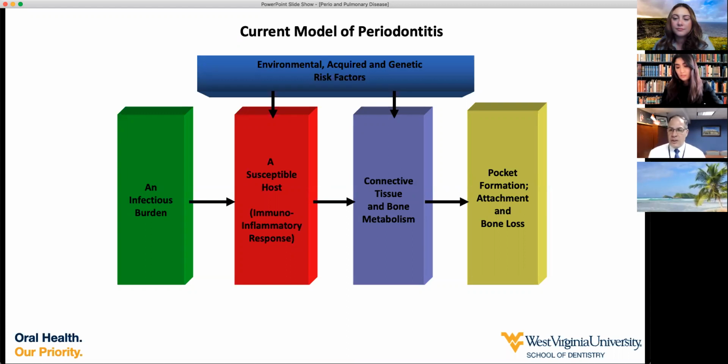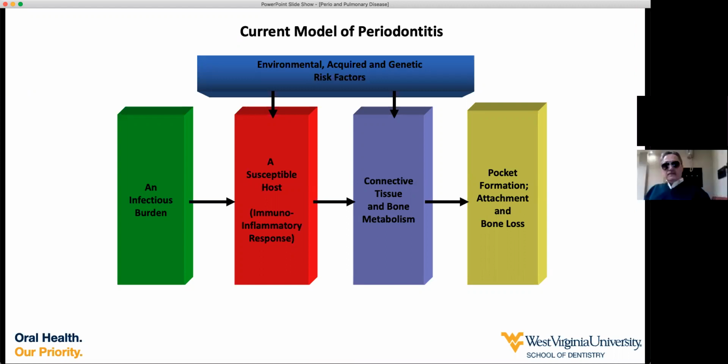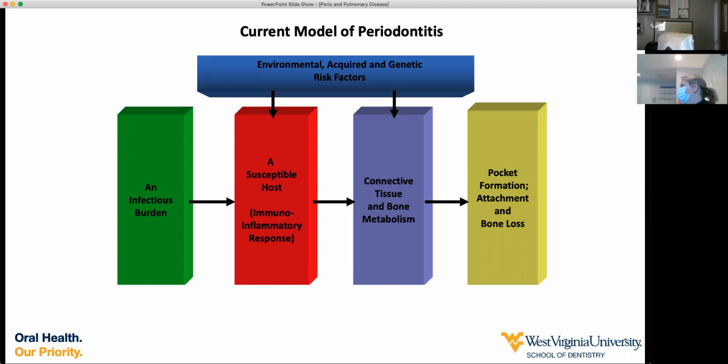The progression of this process is really based on risk factors for each individual. There might be environmental risk factors such as smoking, for example, acquired risk factors such as diabetes, and genetic risk factors. It could be that from a hereditary standpoint, you may not possess certain genetic phenotypes that allow you to, say, resist the infectious burden.